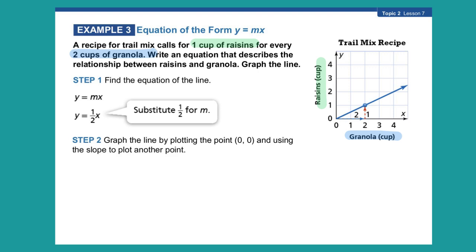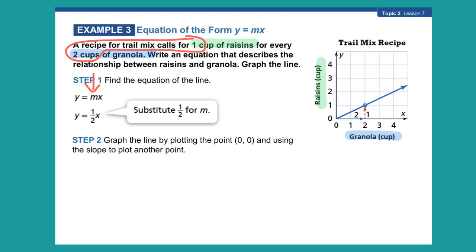Graph the line. Okay. So, what they did was they figured out that we are going to do the 1/2 ratio. 1/2 ratio is our slope, and the slope goes right there.